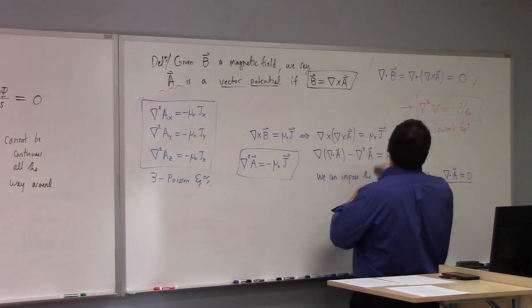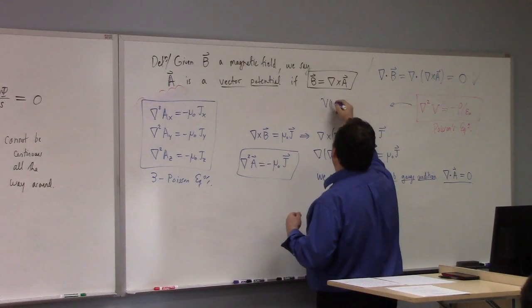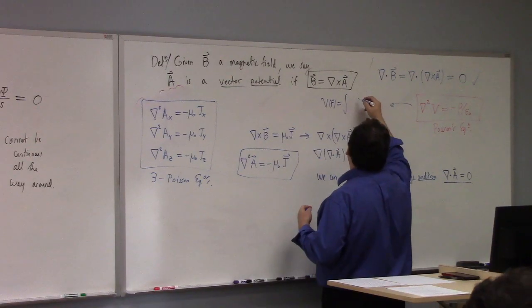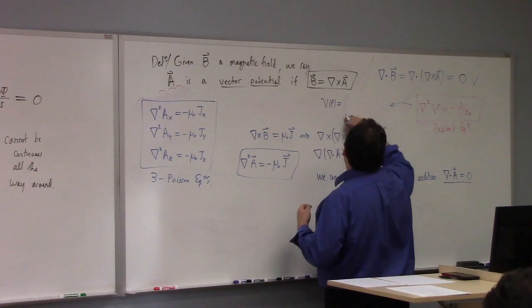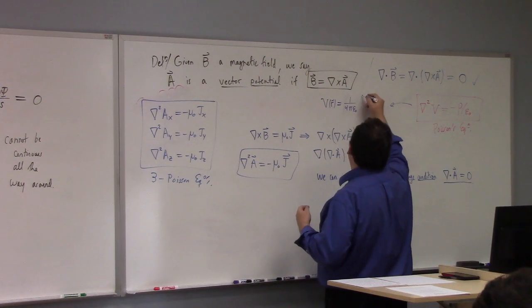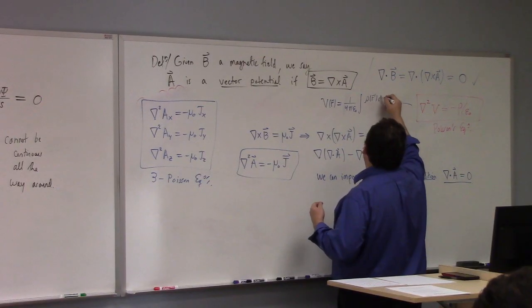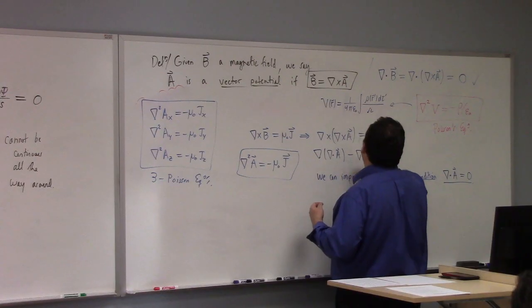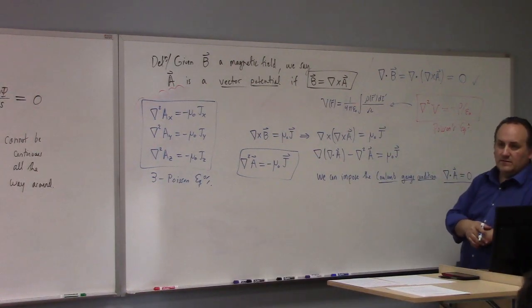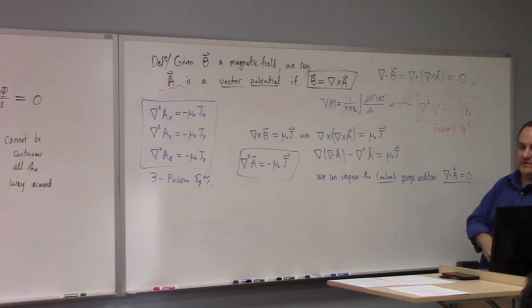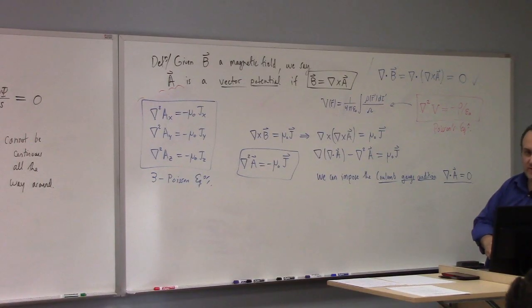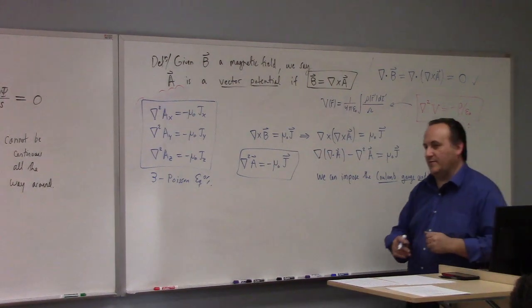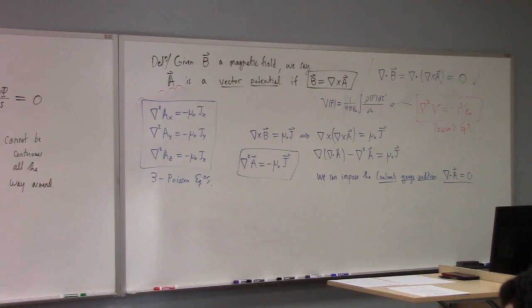We wrote V of r as the integral of 1 over 4 pi epsilon naught, the integral of rho of r prime d tau prime divided by the script r. That was our solution to the Poisson equation. We just have to integrate the charge density times the reciprocal of the separation distance between source and field point. Is it d tau prime? Yeah, technically speaking. In my heart, there's no prime. But there you go.